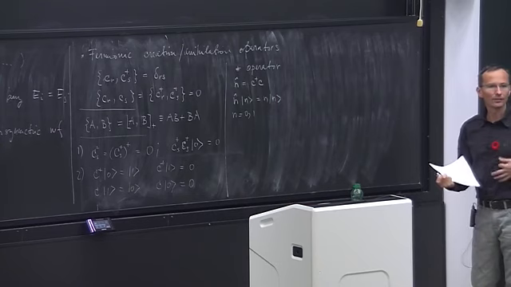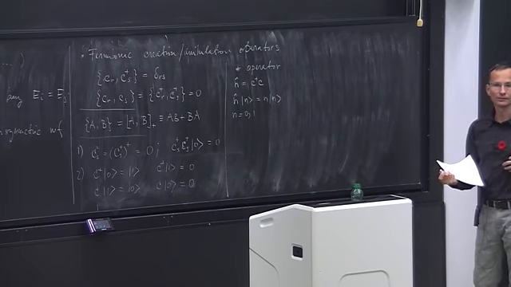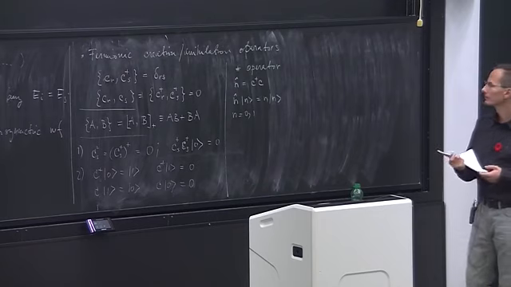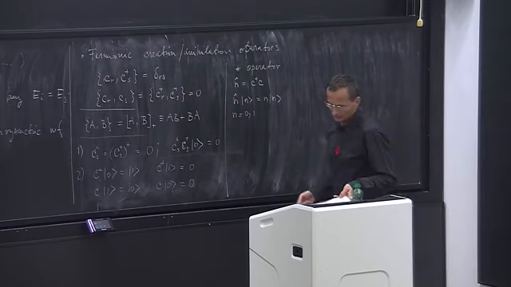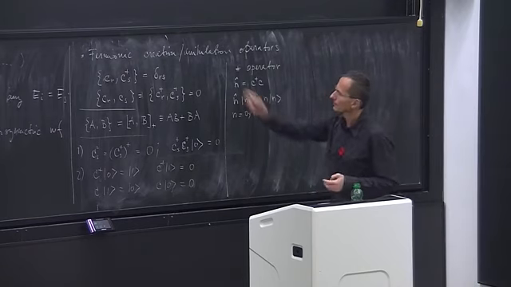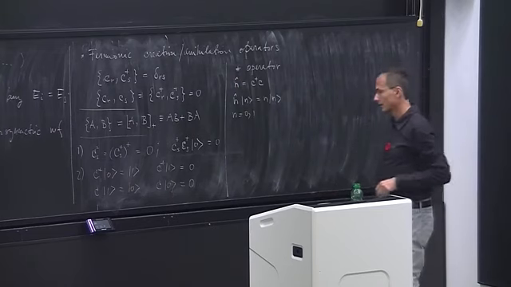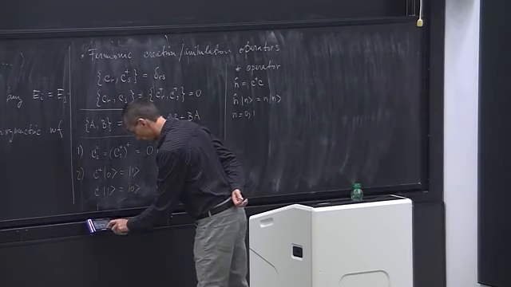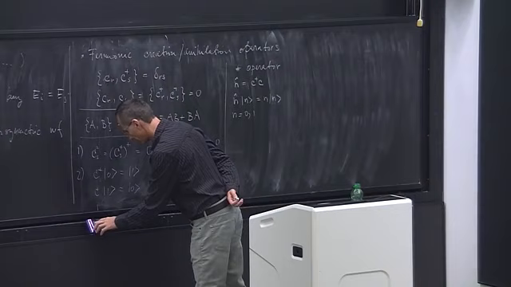Okay, any questions about this? So, except for these small modifications, everything goes through for fermions as for bosons.